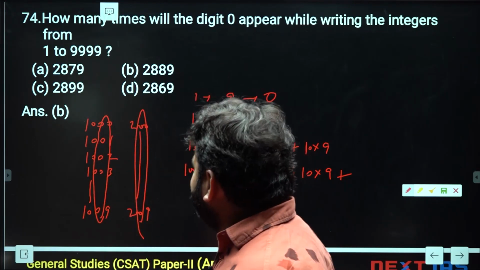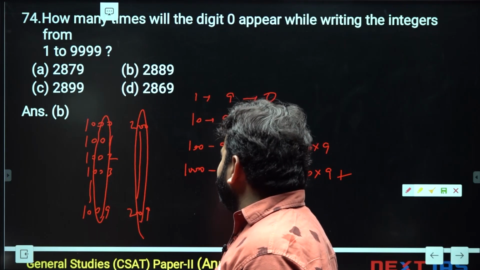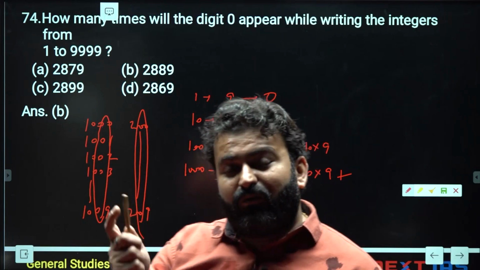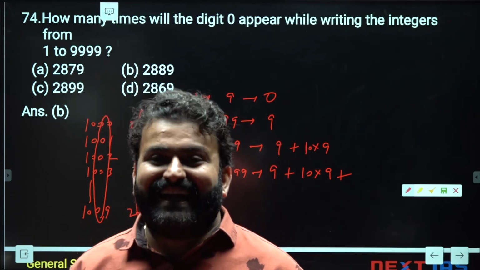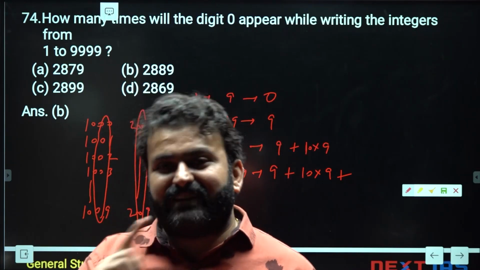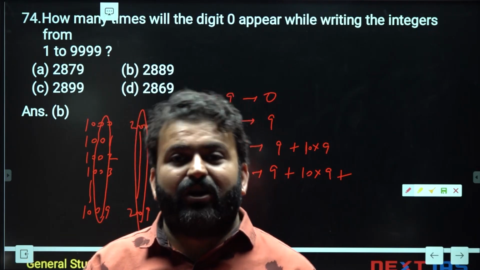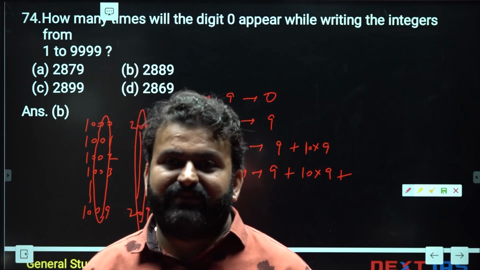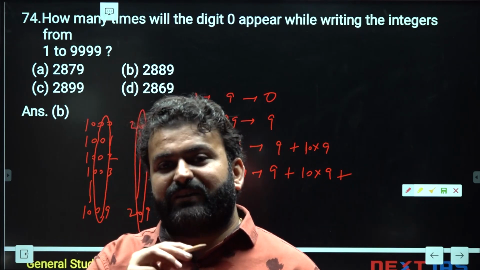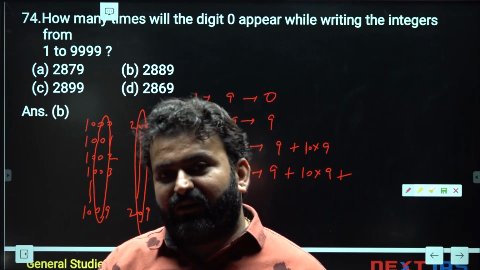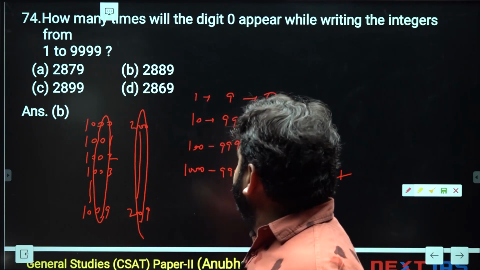Now at the 100th digit place, 1000 to 1099, all these numbers will have it, 2000 to 2099, all these numbers will have it, 3000 and so on.